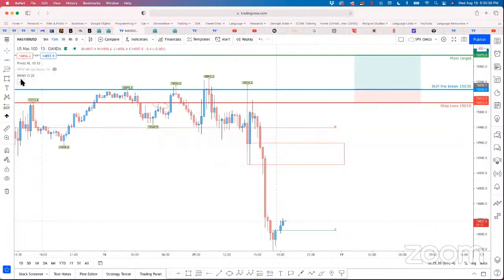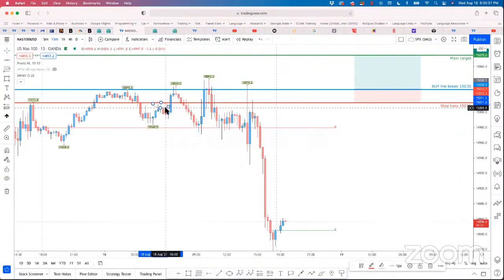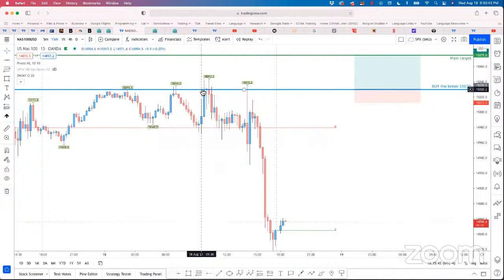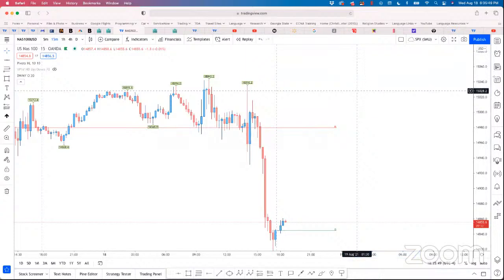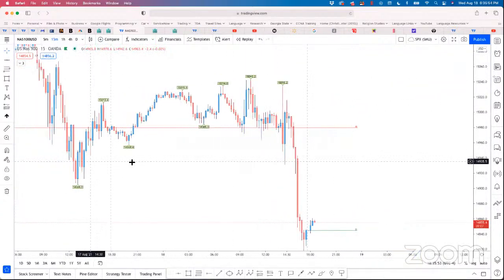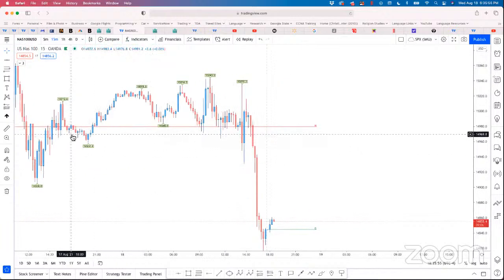Today was a really, really good example of how you can use the opening and close. We will get these drawings right here. Now, I already showed you how you can do it manually, but I'll show you why it's important.